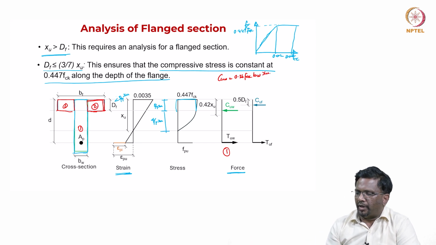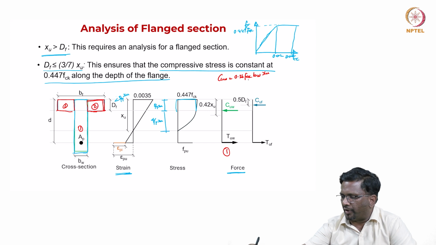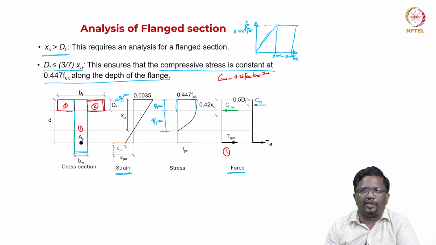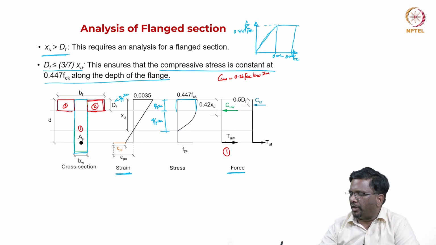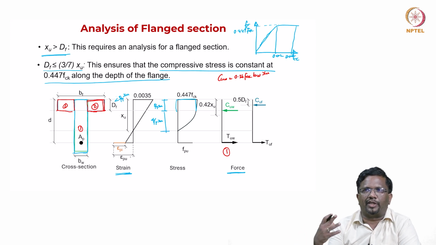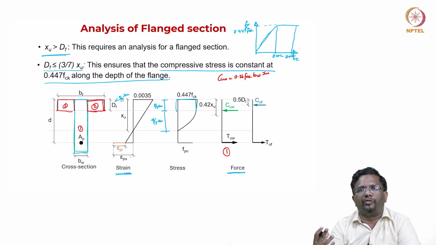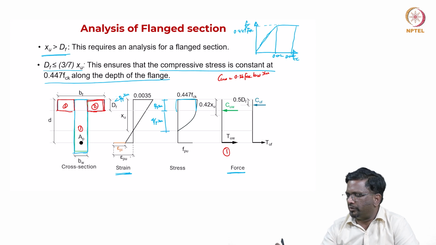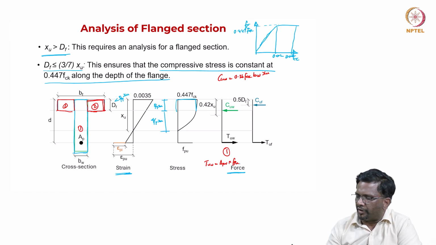If I know, for any assumed value of XU, my CUW, then I can find out from the strain how much is the area of pre-stressing steel that is actually balancing only the force in the web. So, this TUW can be written as APW times FPU, right, a portion.